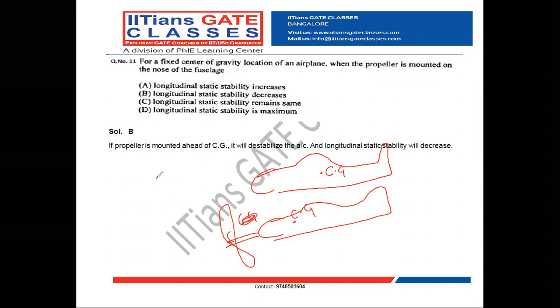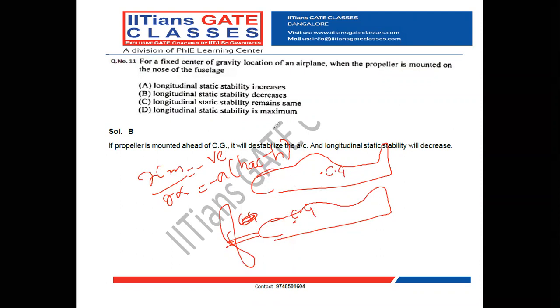So what happens? That means dCm by d alpha should be negative for static longitudinal stability. That means CG should be forward of the aerodynamic center. Since CG is shifted forward due to mounting of propeller, it will have more longitudinal static stability.